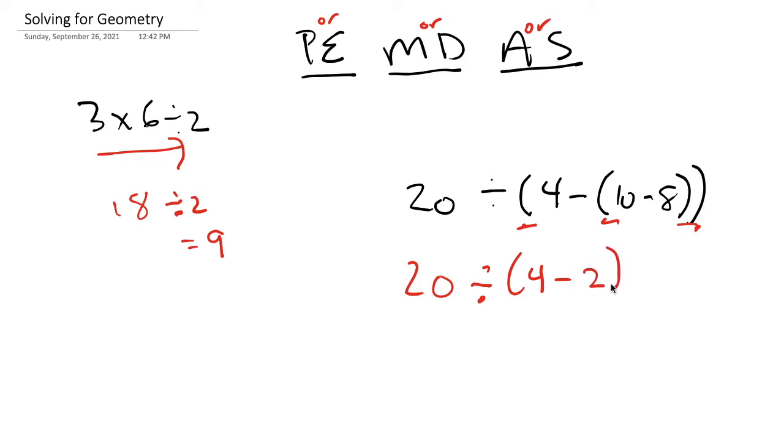We put that down there. Now you ask again, is there any parentheses or exponent? And still another parentheses. So you copy everything else down and you do what's in the parentheses. 4 take away 2 is 2. And then lastly, you go to the next step. Is there any multiplying or dividing? And there is a division. So 20 divided by 2 is 10.